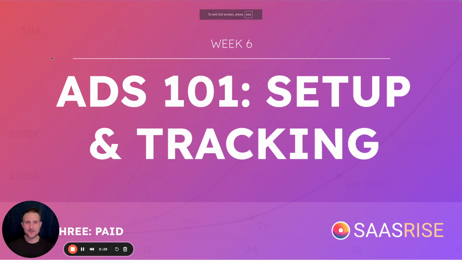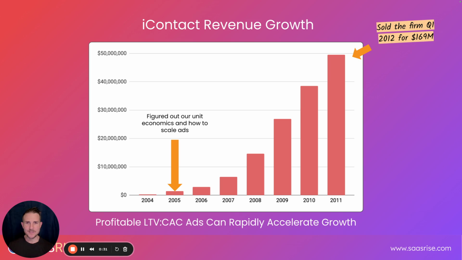Week 6, Ads 101, Setup and Tracking. So what's the difference between a 3 million ARR SaaS company and a 30 million ARR SaaS company? Well, scalable, profitable ads.